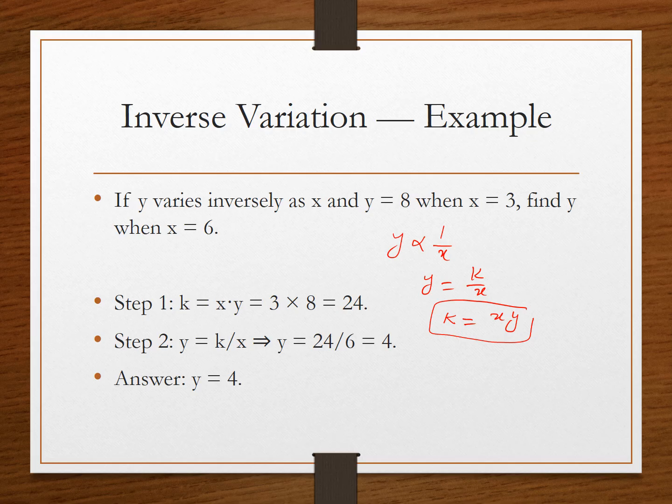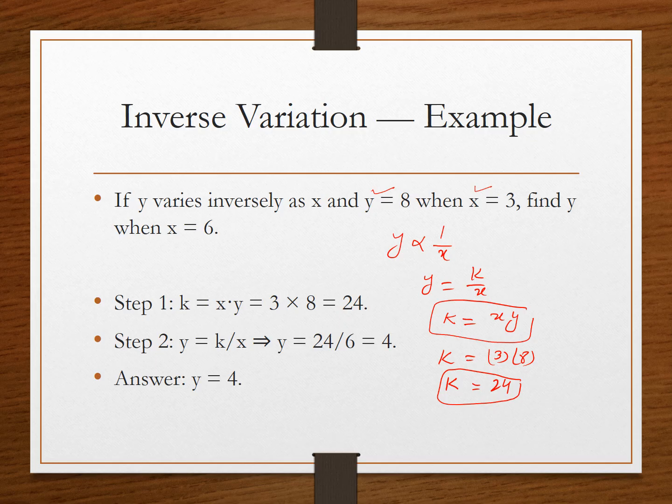Now we are given the value of y and the value of x, as y = 8 and x = 3. We will put these values in this relationship as x = 3 and y = 8. After multiplying, we will get k = 24.